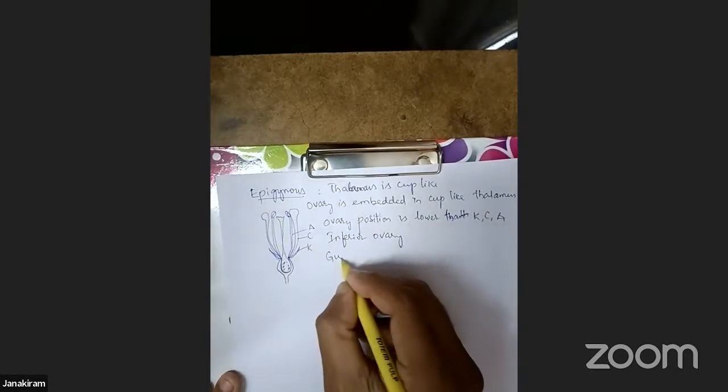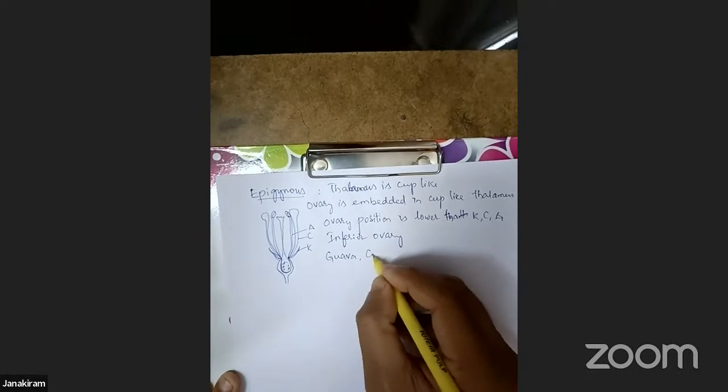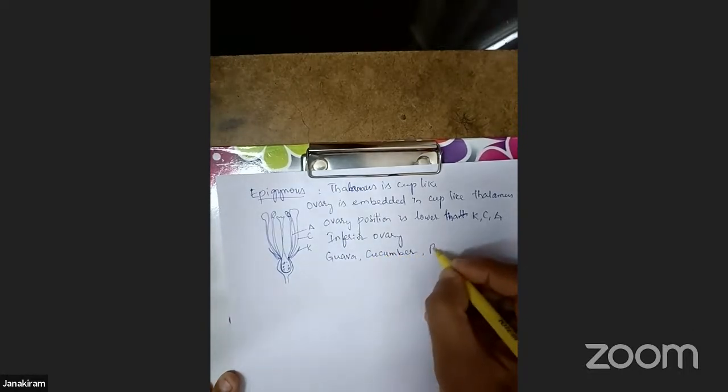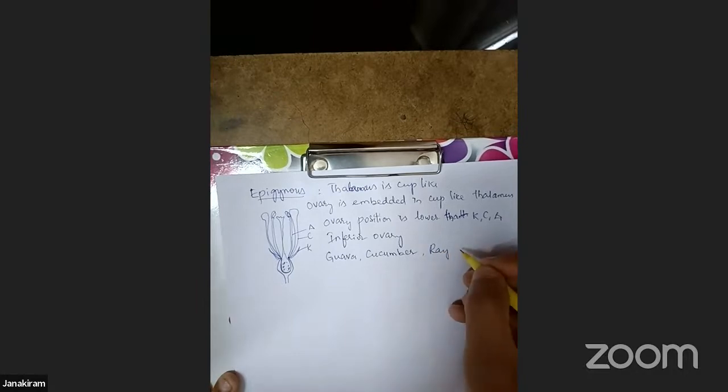This type of arrangement can be seen in examples like guava, cucumber, and ray florets of sunflower.